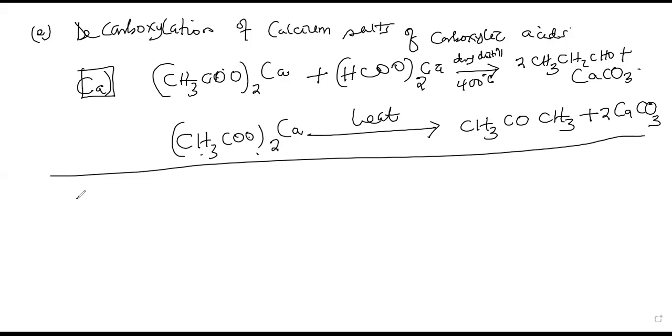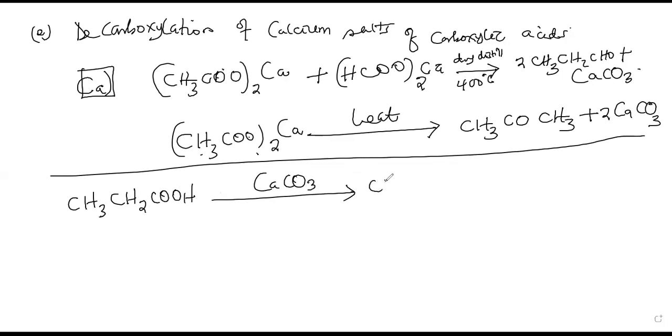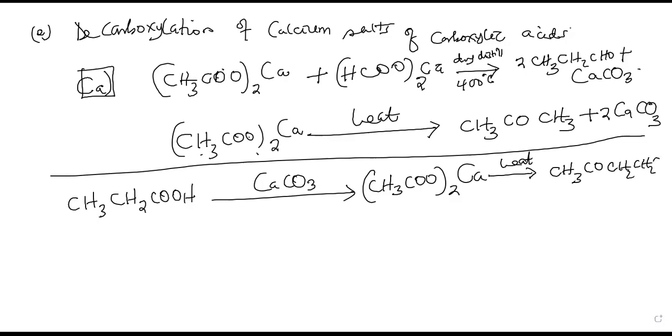For example, if I have propanoic acid, when we add calcium carbonate to this, we shall form the calcium salt, and then when heated, we shall form CH3COCH2CH2CH3. That's what you would expect.